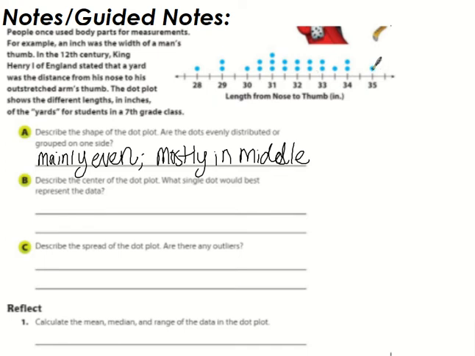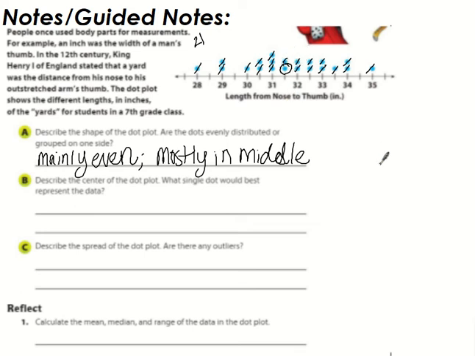So we would need to count 1, 2, 3, 4, 5, 6, 7, 8, 9, 10, 11, 12, 13, 14, 15, 16, 17, 18, 19, 20, 21. So there are 21 dots. We need 20, 10 and 10, right? 1 from both sides, 2 from both sides, 3, 4, 5, 6, 7, 8, 9, 10.